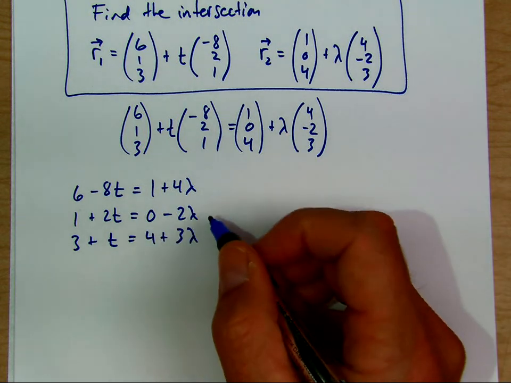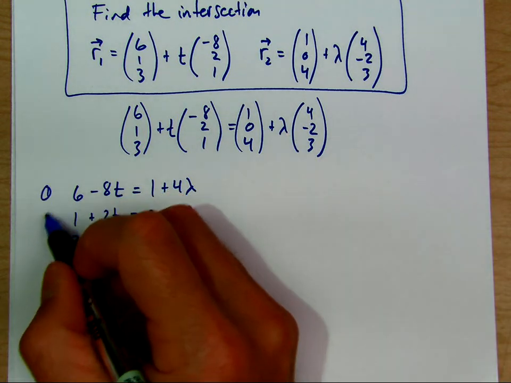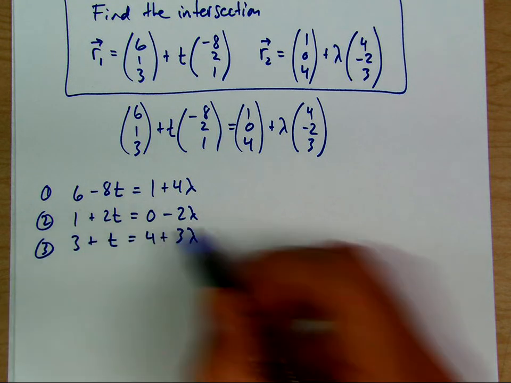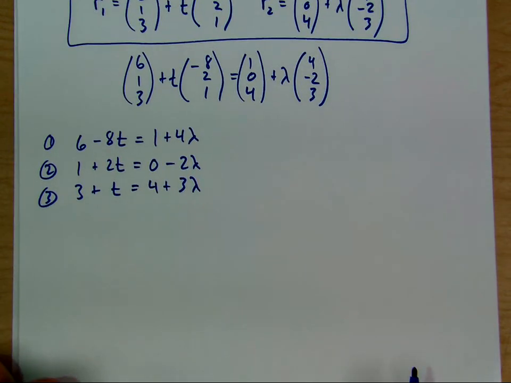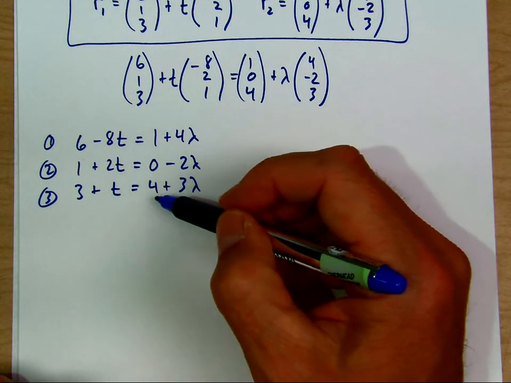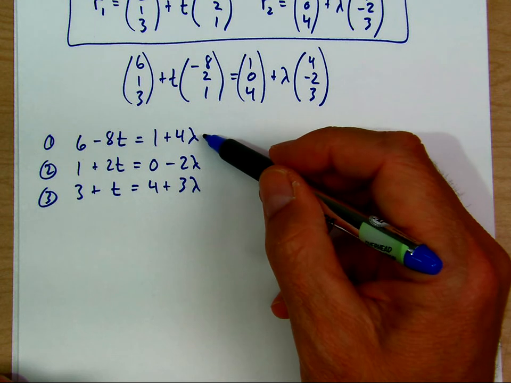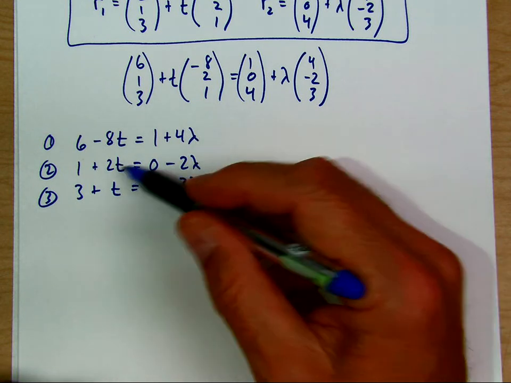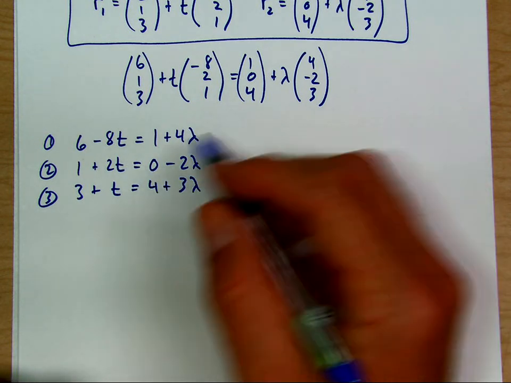And we'll call those equations 1, 2, and 3. We only have 2 variables and 3 equations, so we only have to use 2 equations to solve for the 2 variables. And let's just use equations 1 and 2.